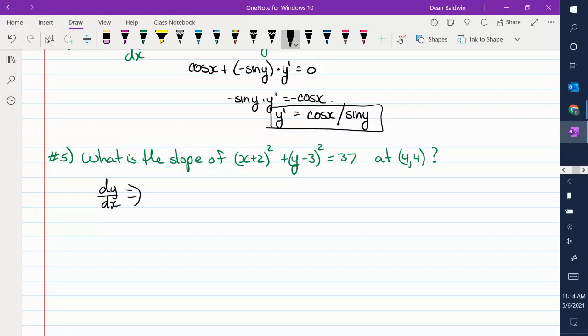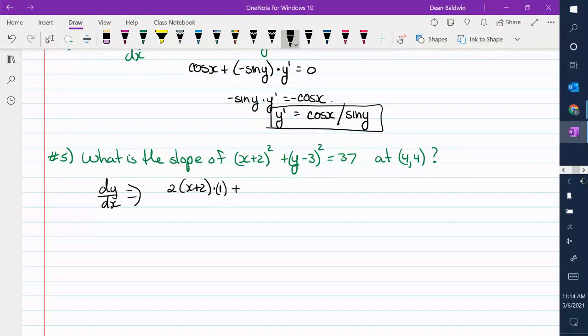So dy dx equals, variables match here on the x plus 2 all squared. So I just do it as I normally would. So I go chain rule, drop the 2 down. x plus 2 times the inside derivative, which would just be 1 in this case. Not that you have to write the 1. Does everybody understand that part?